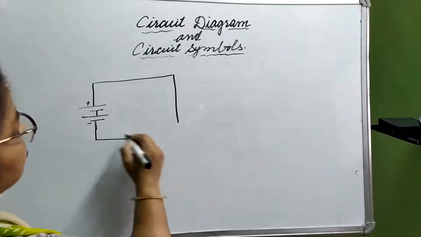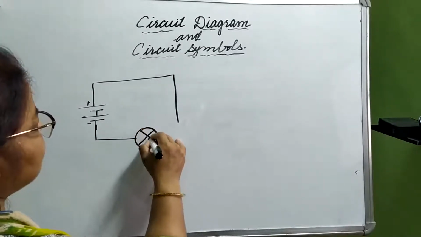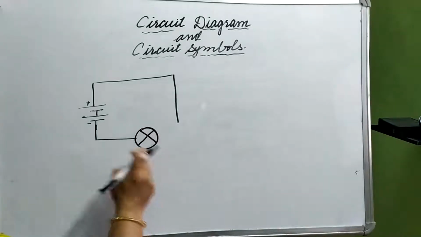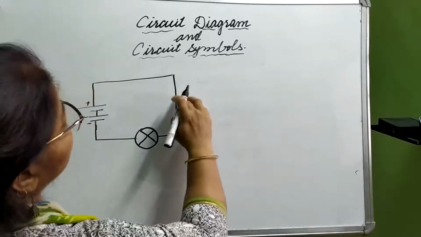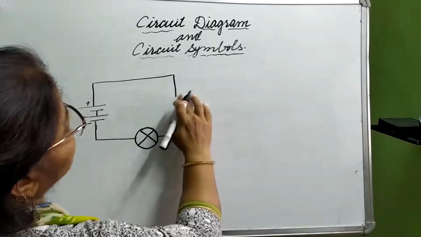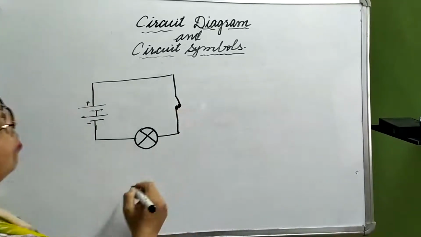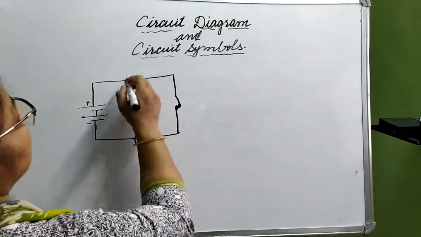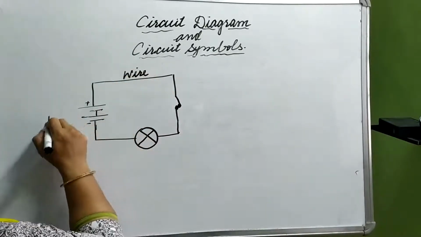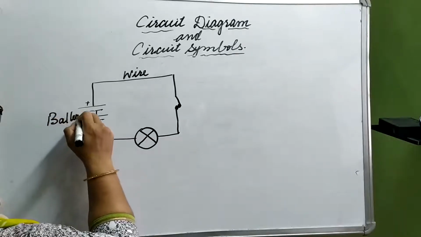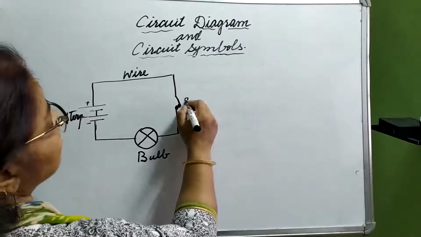Now here we use a bulb; the symbolic representation was a circle with a cross in it. Then we have a switch here, and this is how we show the switch. Now let us name the components: wire, battery, bulb, and switch.